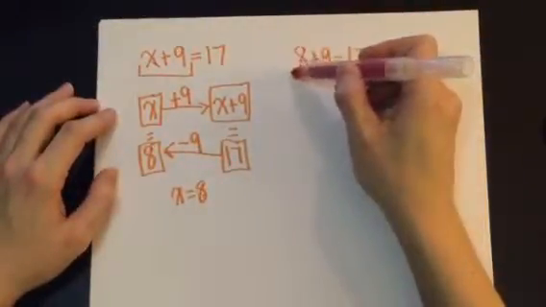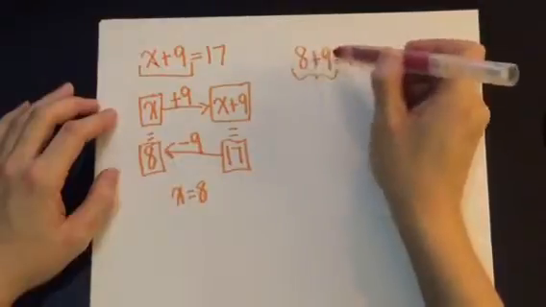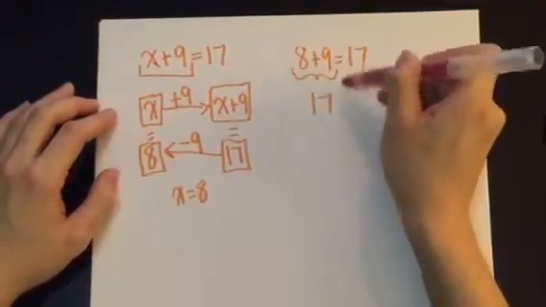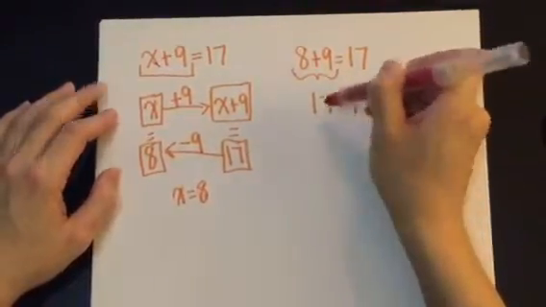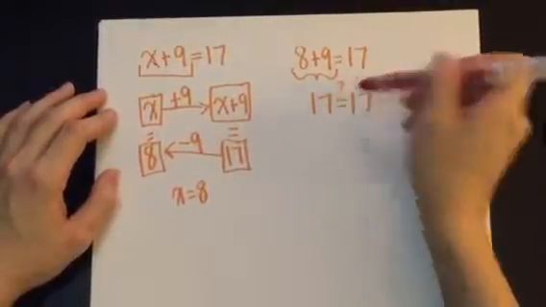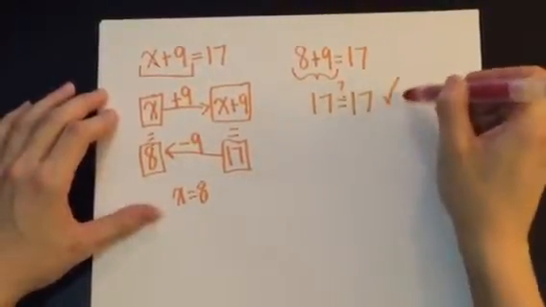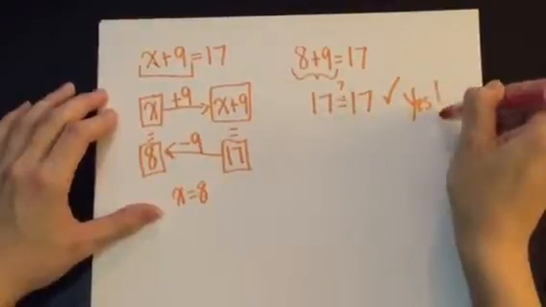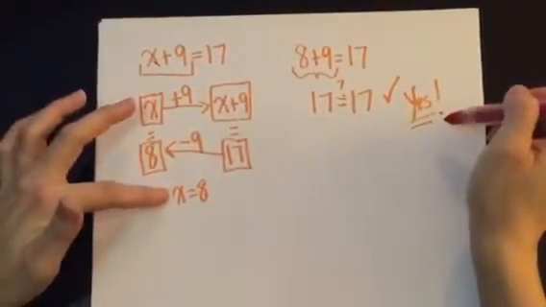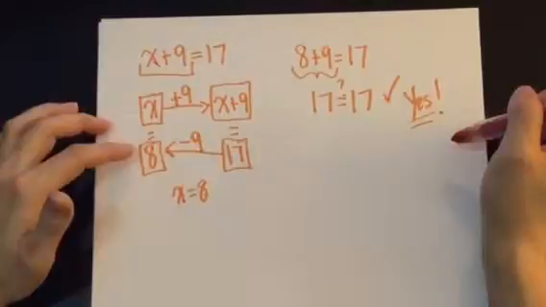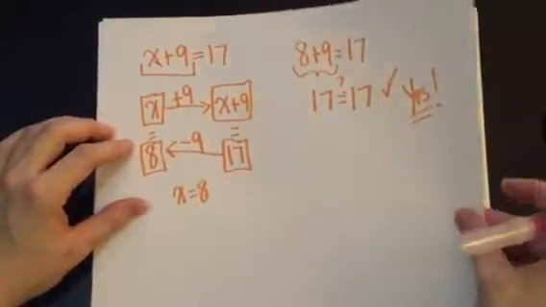And 8 plus 9 equals 17. Does 17 equal 17? Yes, it does. So x equals 8 must be a solution to this equation. So let's do another one.